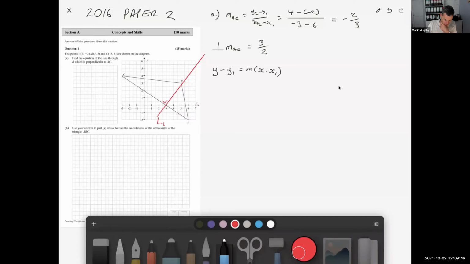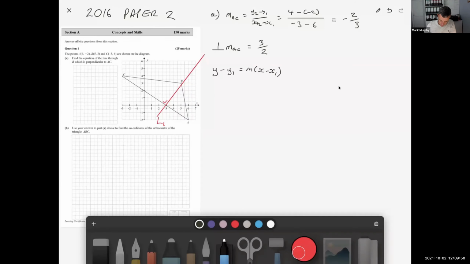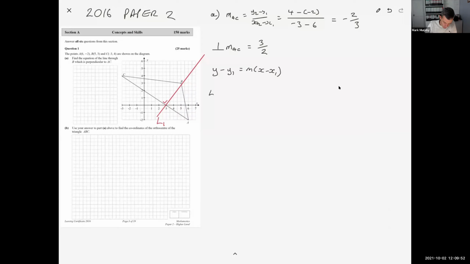Call it L1. So L1, plugging in the values, is y minus y1, which is 3, and m is 3 over 2, into x minus x1, which is 5.